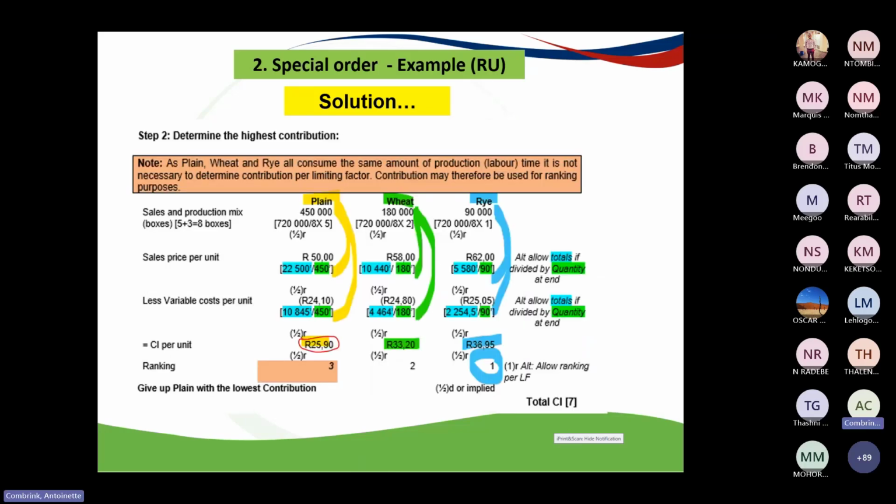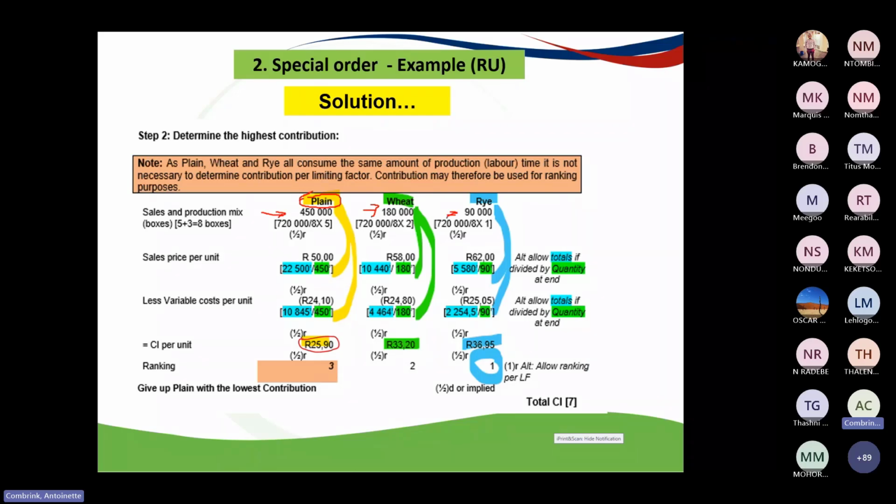Then the next step that we did, remember I showed you how to do the contribution for plain. So we calculated how many of each we're going to make and sell. We're planning to produce and sell 450,000 plain, 180,000 wheat, and 90,000 of rye.